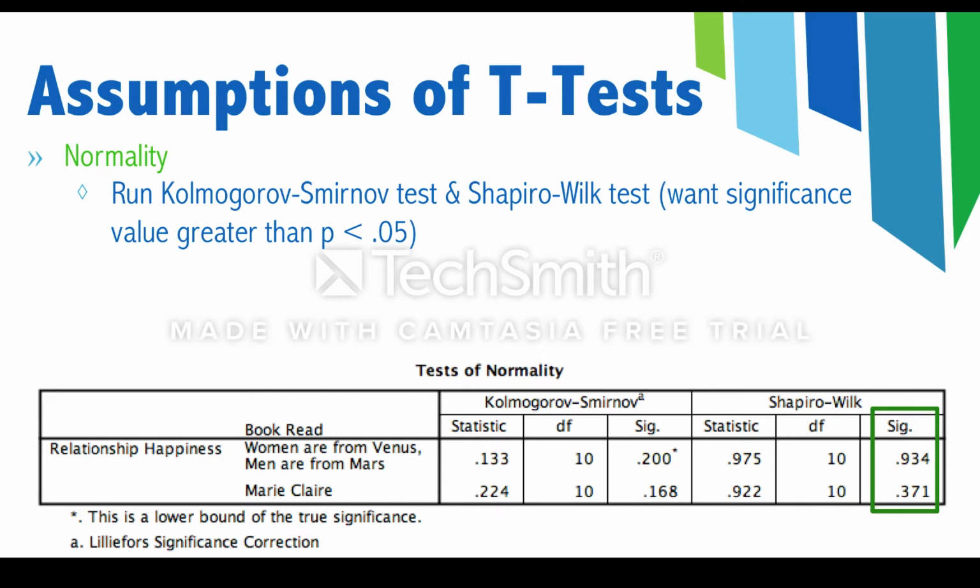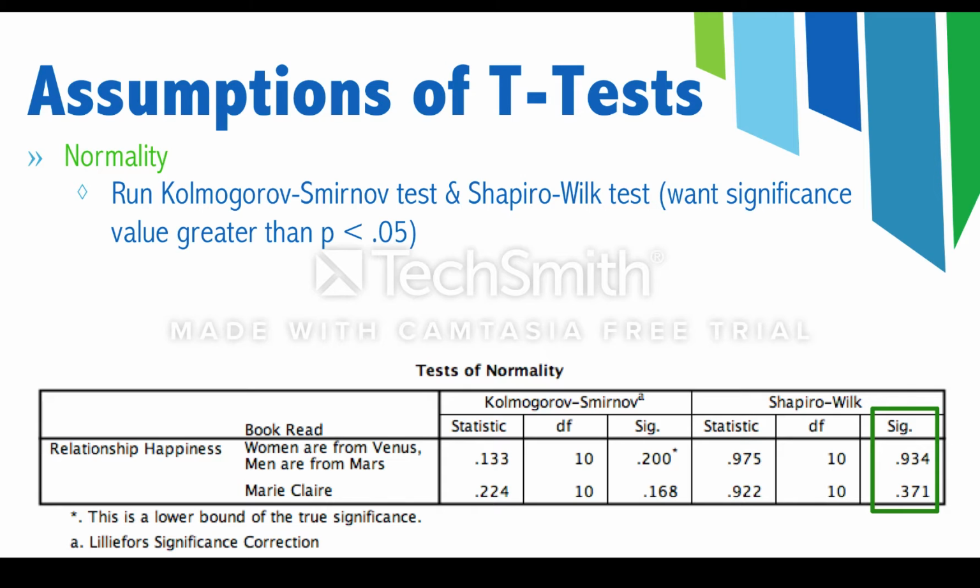The null hypothesis of the Shapiro-Wilk test is that your data's distribution is equal to a normal distribution, and the alternative hypothesis is that your data's distribution is not equal to a normal distribution.